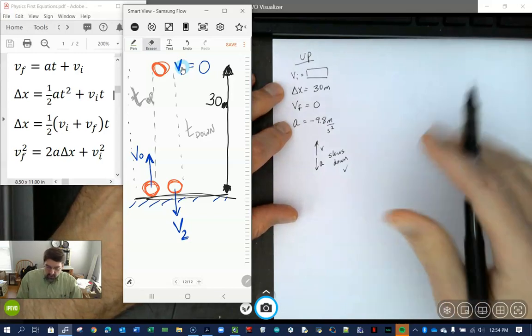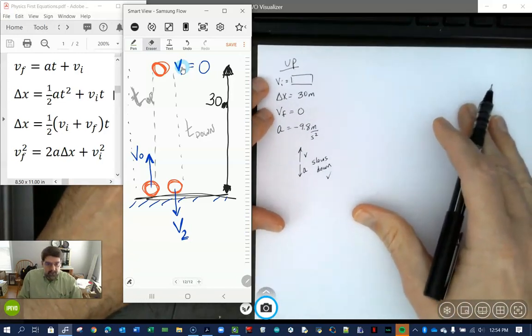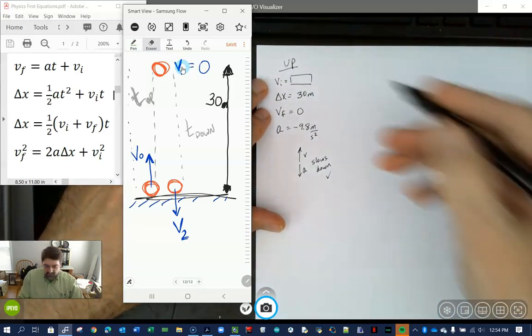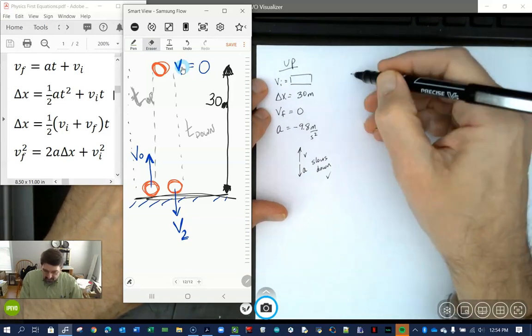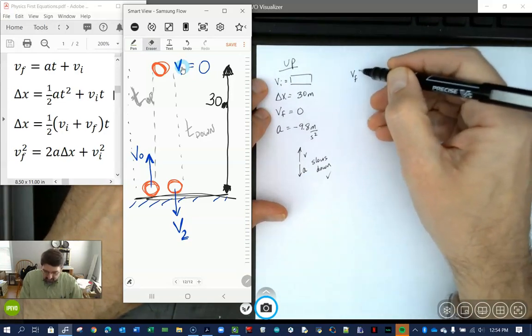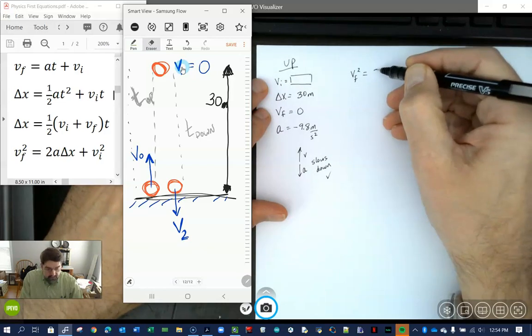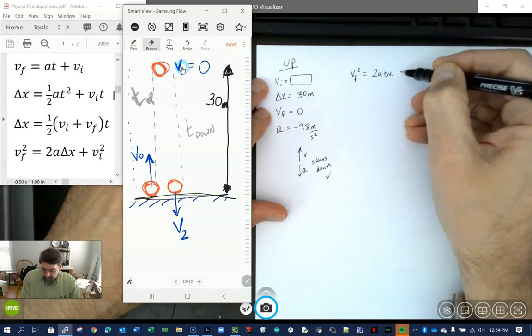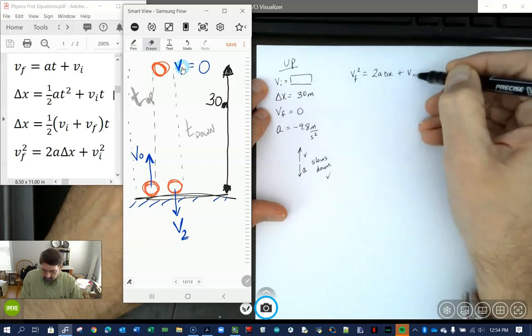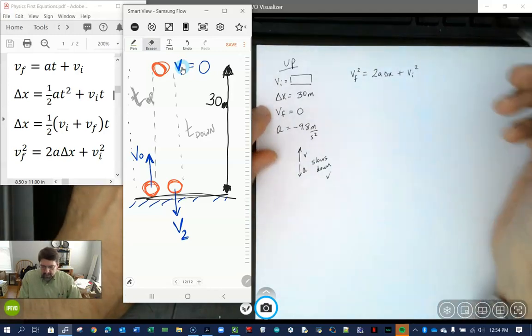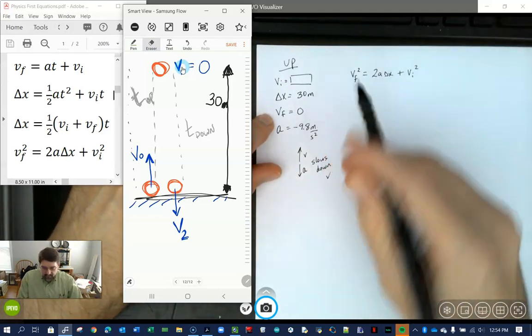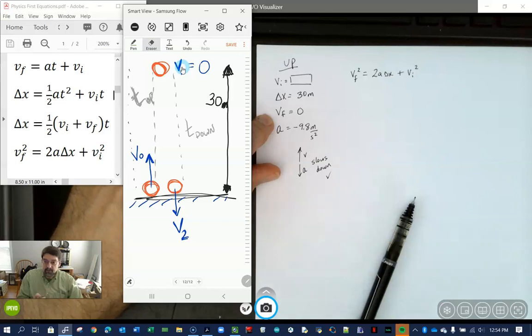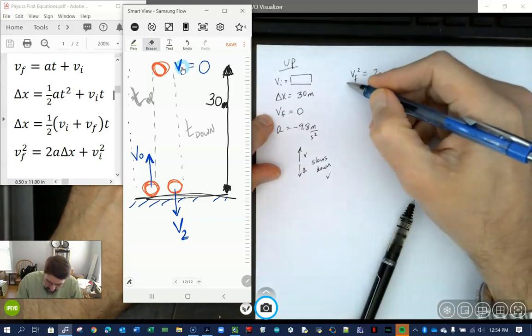All right, so how are we going to solve this? We know we have to get the initial velocity, and we don't have the time. So we set up the fourth equation. Zeros are our friend. Anytime we have a zero, we want to get rid of that term immediately.